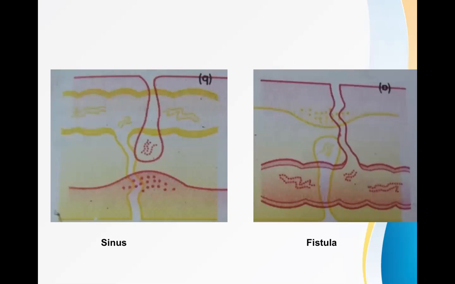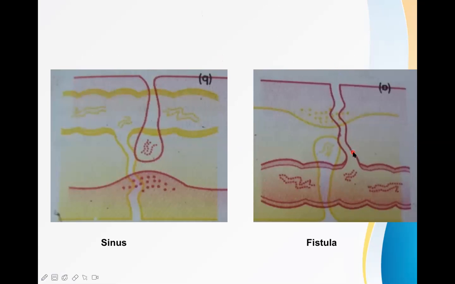Now, before we move further, please focus on the slide. This is the schematic diagram of sinus, and this is the fistula. See there? This is a blind track. Only one end is open here.